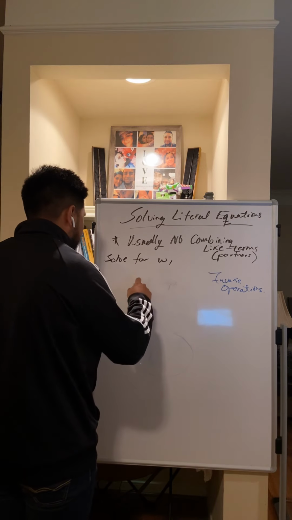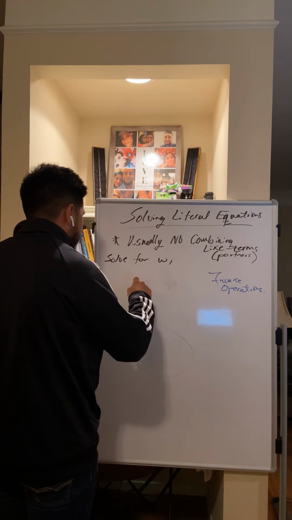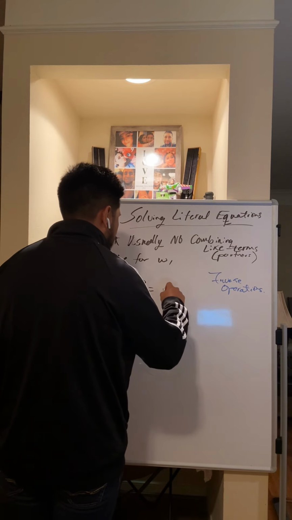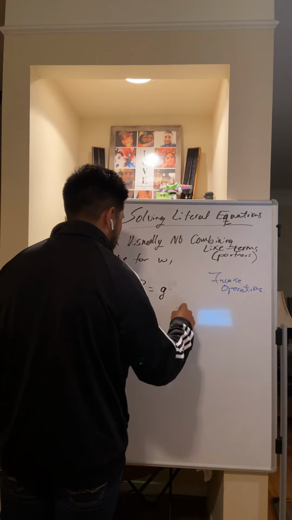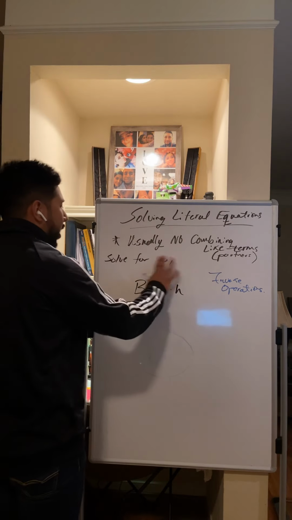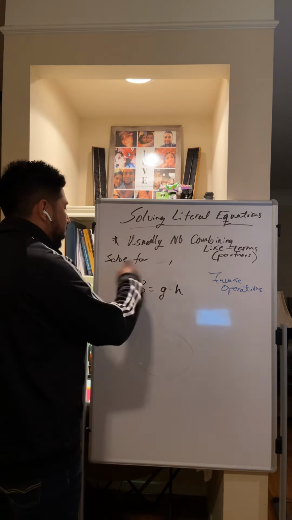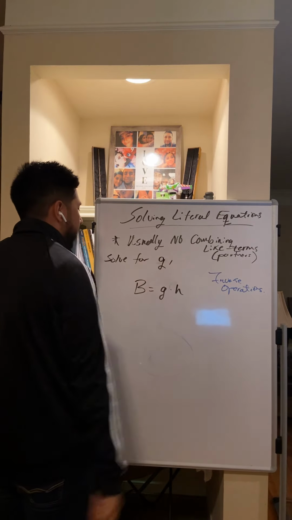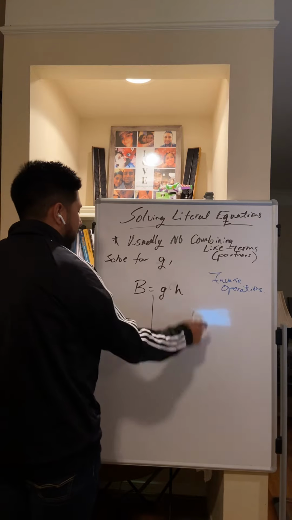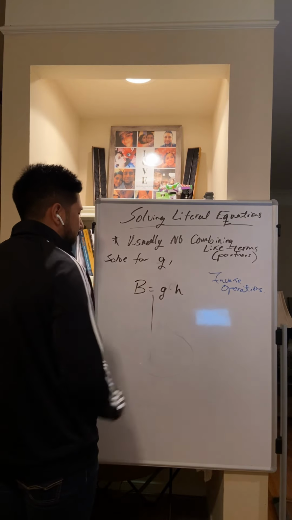Okay, let's do B equals G times H. I'm gonna throw a little curveball right here. Let's solve for G. Again, do your border. Right here, I see some multiplication. I need this G by itself.